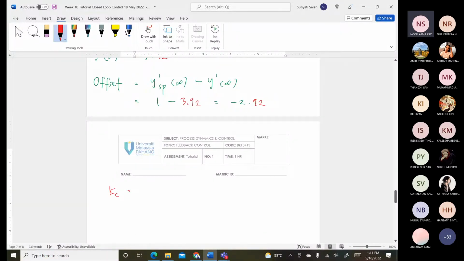Kc equal to 1, offset equal to negative 2.33. Kc equal to 10, this offset indicates that you have negative 2.92, which is still not okay, because our objective is to achieve zero offset. So for this part, increasing your gain is not helping. Still you get a large offset. The value is still over predicted because you get negative offset.